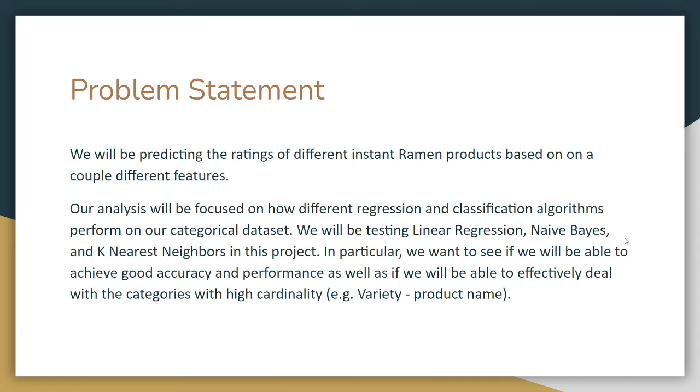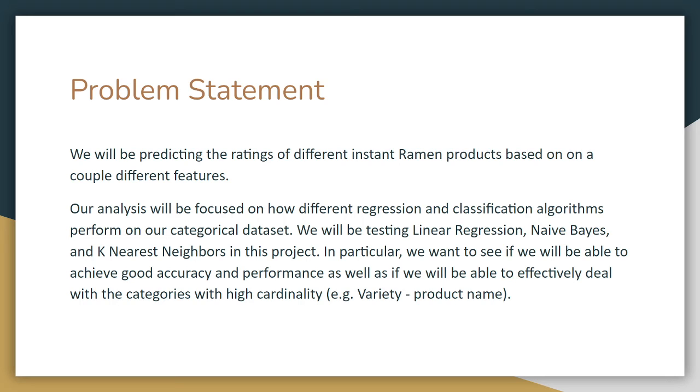Okay, so the problem we're tackling is predicting the ratings of different instant ramen products based on a couple of different features. Our analysis focused on getting this data set to work for different types of algorithms. The data set had mainly categorical features, so we had to try to convert those to continuous in order for them to work for regression algorithms.